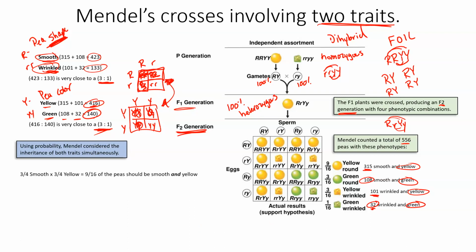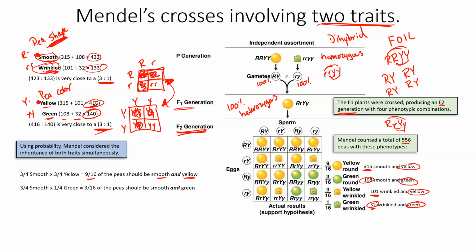Okay, 3/4 smooth times 3/4 yellow, which is basically this condition times this condition, should give us 3 times 3 is 9, 4 times 4 is 16, 9/16 of the peas should be smooth and yellow. Okay, because we know that the law of probability tells us that a combined event is just the product of the two individual events.